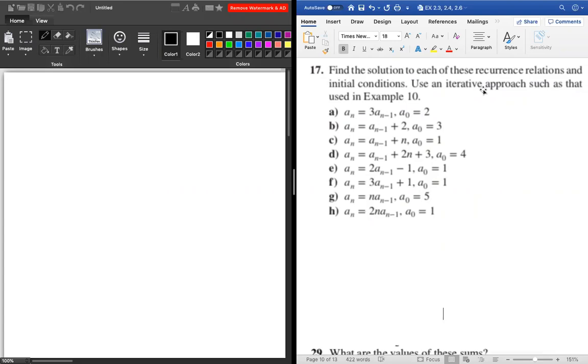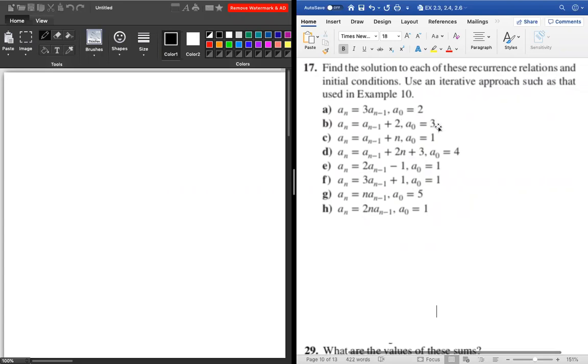So here we have a0 equals 2, and then we have to find out.